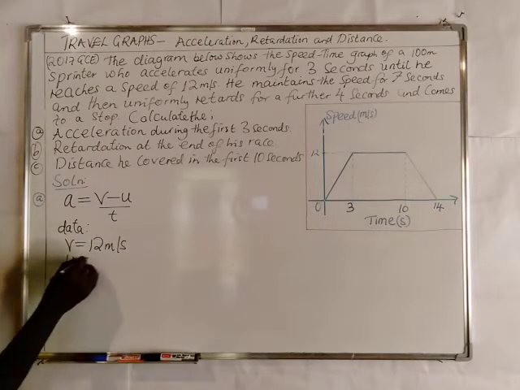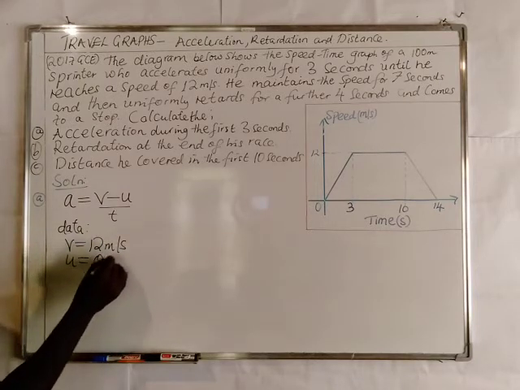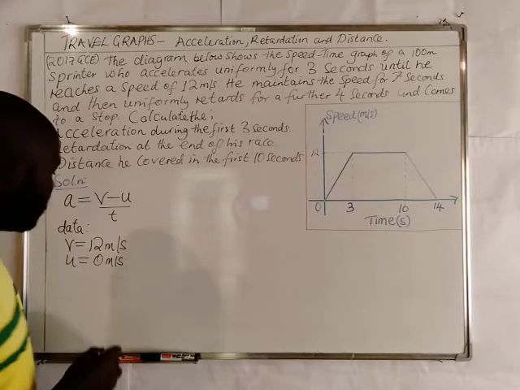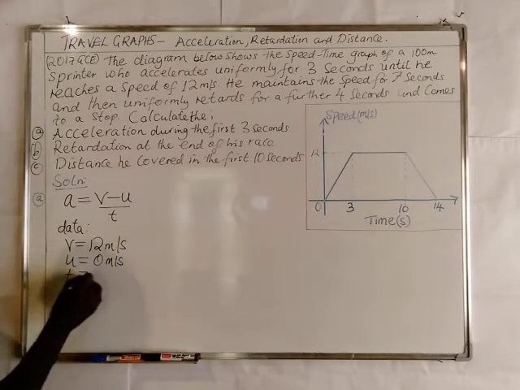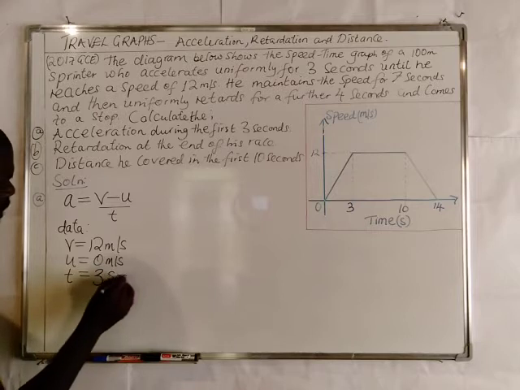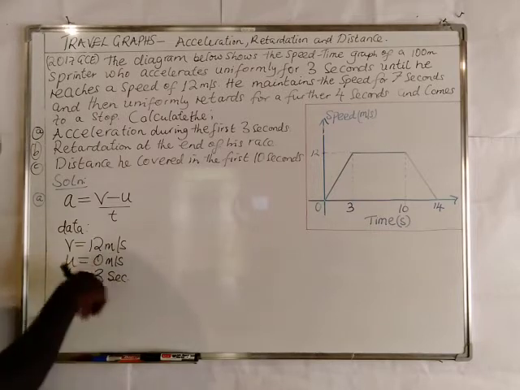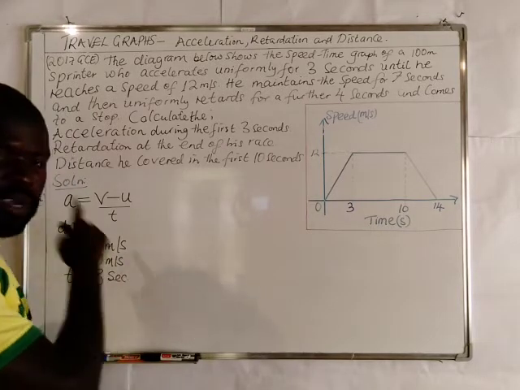Our initial velocity U is 0 meters per second. Then our time, in our case, is 3 seconds. So we need now to use this data to find the acceleration.